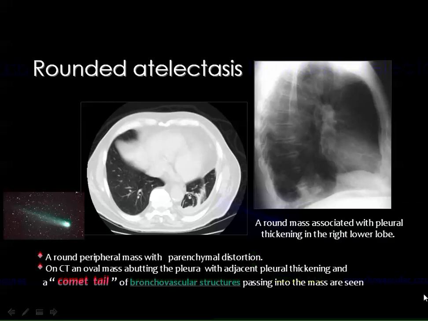If you remember what I have said about the pleural plaques, and you get some plaques with an atelectatic part of the lung and multiple linear bands of atelectasis projecting from the inner surface, this is what may be called the comet tail appearance, and this is conclusive for the possibility of round atelectasis.